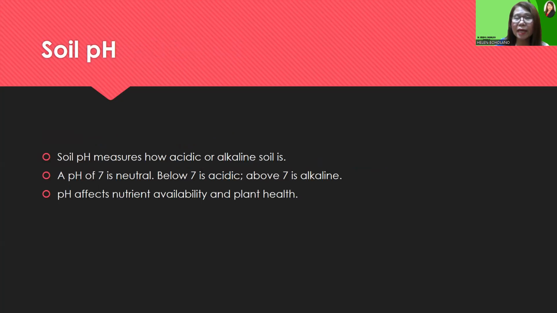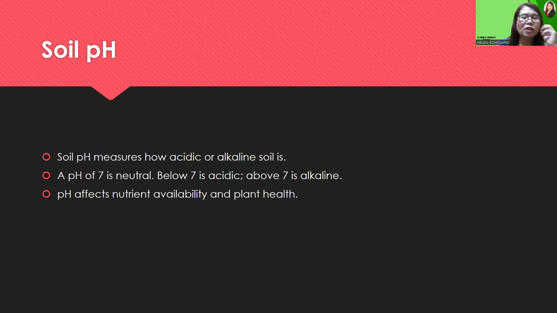So the soil pH is also very important for an agriculturist and even for farmers. Soil pH measures how acidic or alkaline the soil is. A pH of 7 is neutral, below is acidic, and above is alkaline.